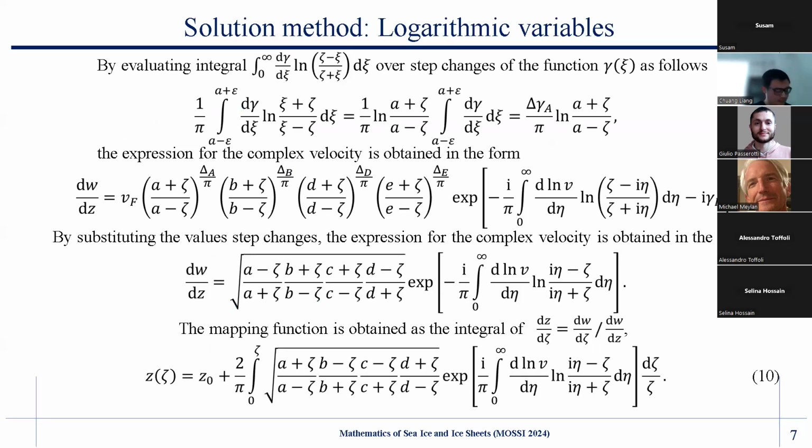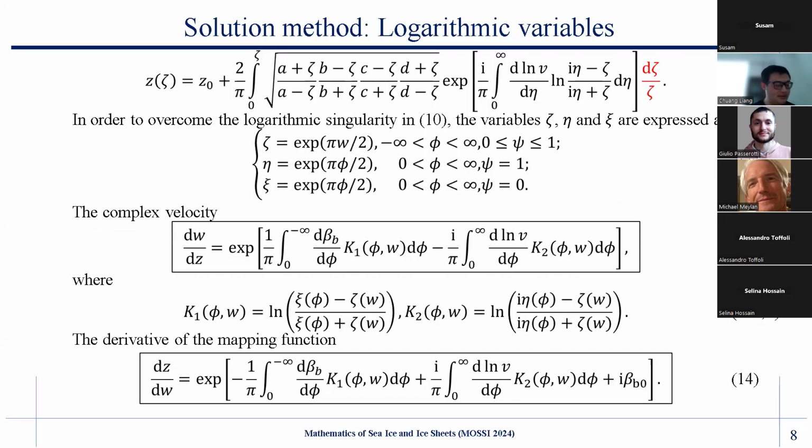In order to use the integral formula 5, we should evaluate the step changes at points A, B, D, and E. The way the integral is evaluated is shown in the line of equation 7 for the case of point A. By doing the same with other corner points B, D, and E, we obtain the expression for the complex velocity in the form 8. The mapping function z(zeta) is obtained in the form 10.